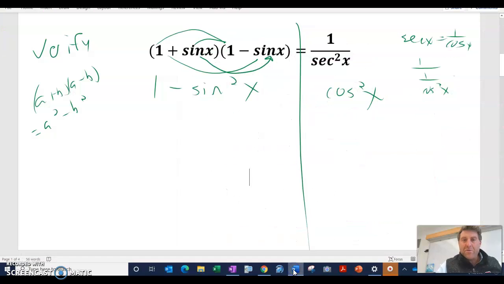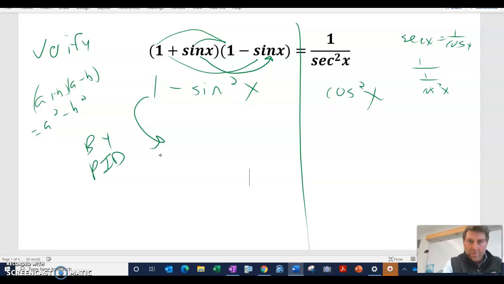So I just have to replace, by the Pythagorean identity, the 1 minus sine squared with cosine squared. And of course, that ends up being the same cosine squared on the right. Okay? So this is a little tricky because I'm working both sides of this equation independently.